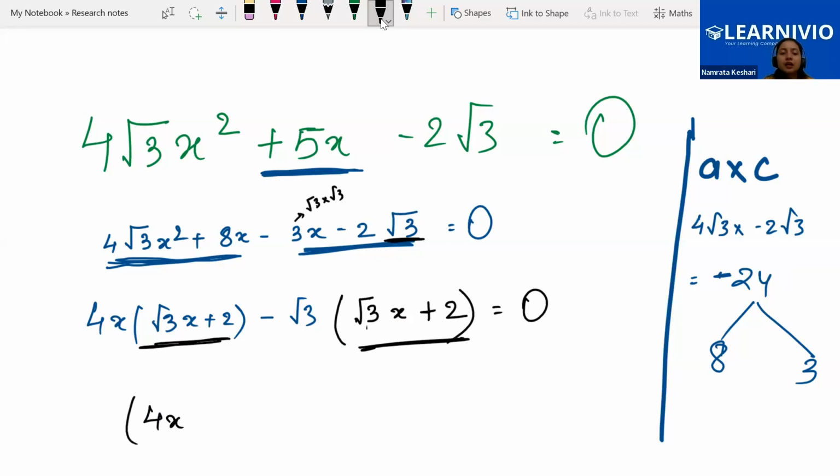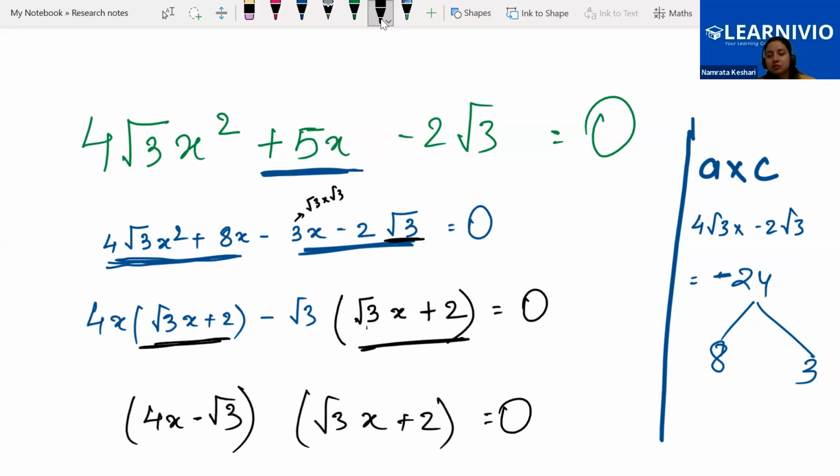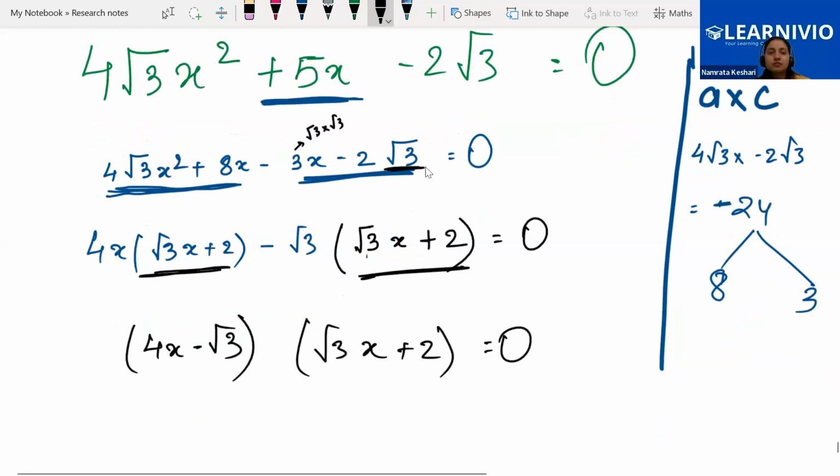Alvina, Afnan, Abdul, anywhere, any confusion? No, ma'am. So why were you not able to do it by yourself? Getting it? We got the x value as, what are the x values?